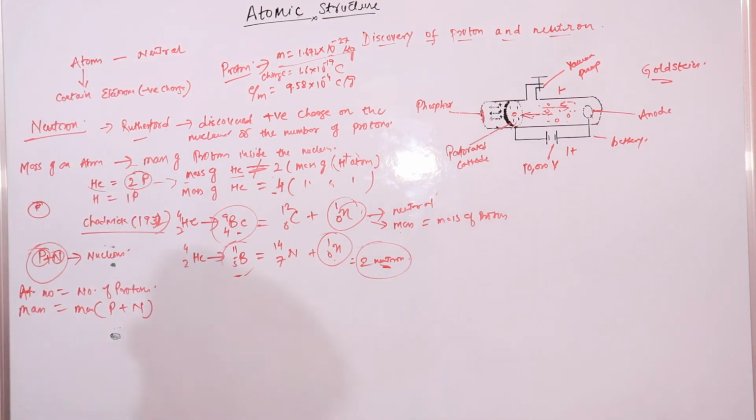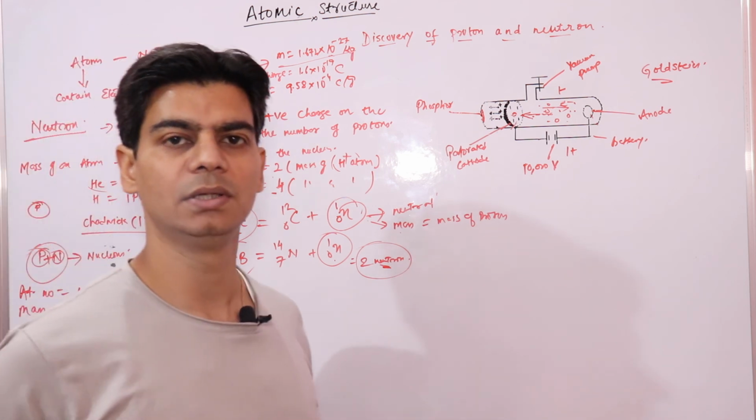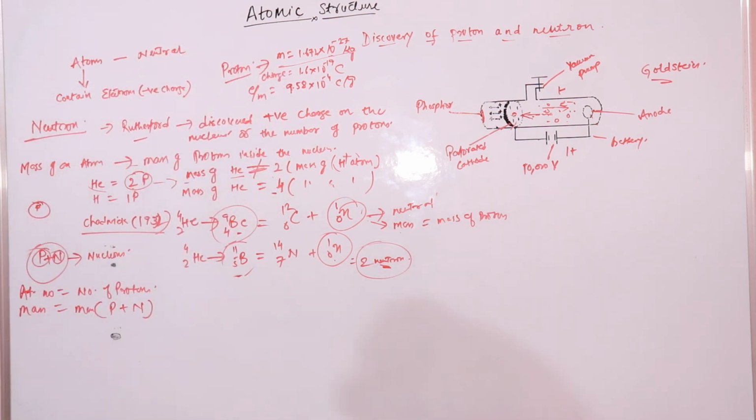So the mass of any atom is due to the masses of the protons and neutrons inside the nucleus. We are almost done with the discovery of neutrons. So now we know the discovery of all 3 fundamental subatomic particles: protons, neutrons and electrons.